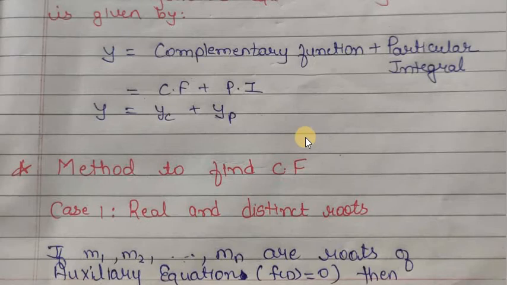If you have been given the differential equation of the form f(D)y = 0, to find CF we replace f(D) by 0, and then we factorize f(D), and then we equate all factors to 0, and from that we will have different values of D. And if you replace D by m, you will have values of m.